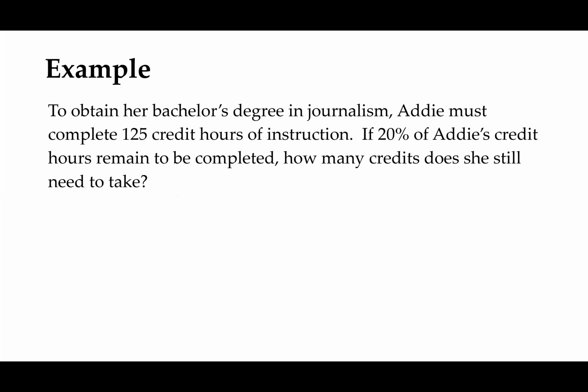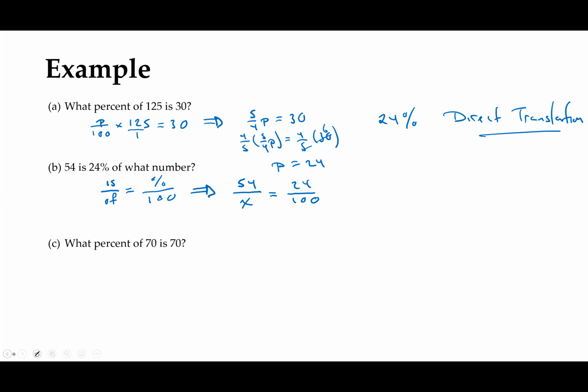And then hopefully you remember that, when you solve a proportion, you solve it by cross multiplying. So 24x equals, and then 54 times 100 is 5,400. Okay? So I cross multiplied, right?